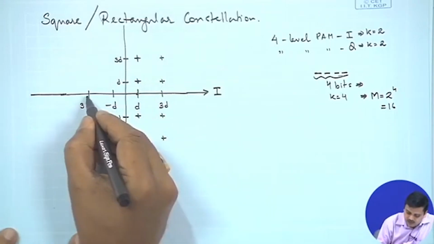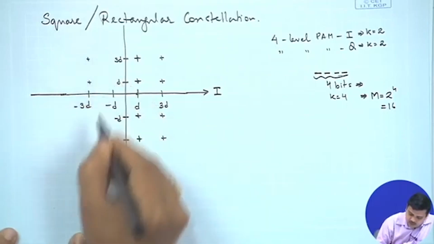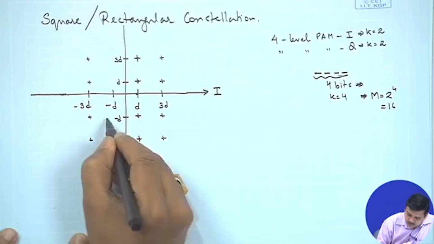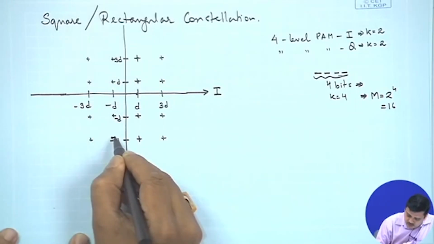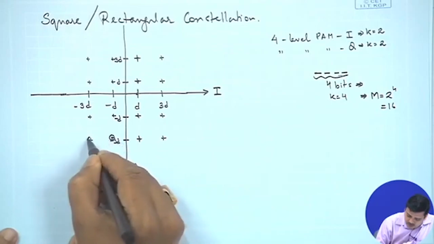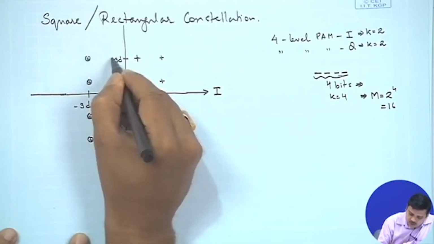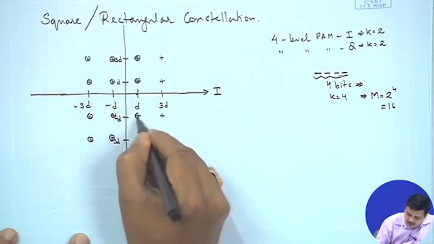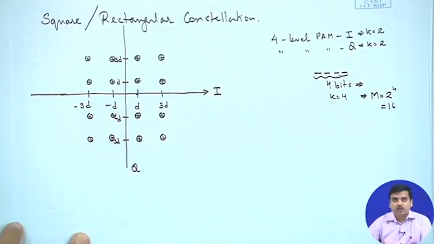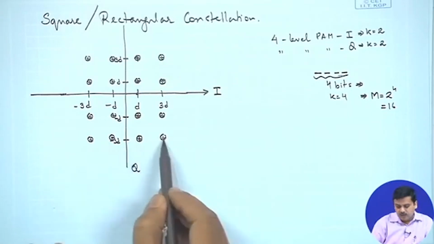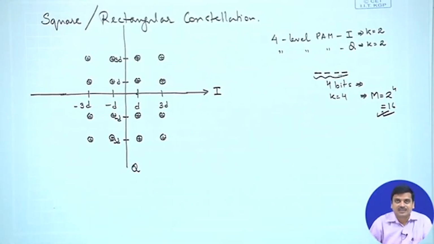When my I is minus 3d, again I am going to get all these possible points. There is a point here. So these circled plus signs are all the possible constellation points that get generated if we think in terms of the PAM signal. If we count the total number of such constellation points, it matches our number of 16.